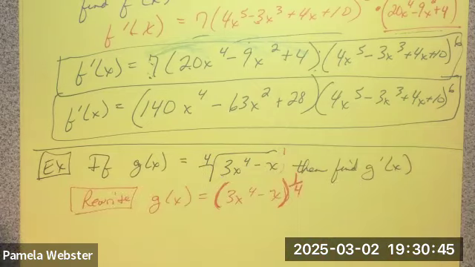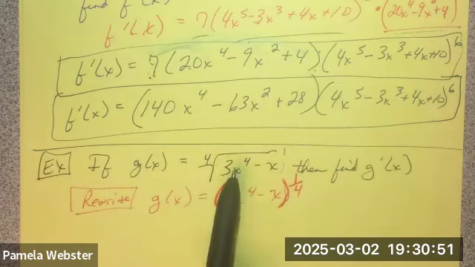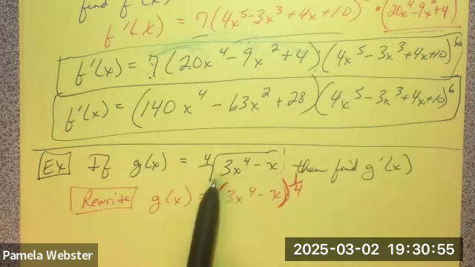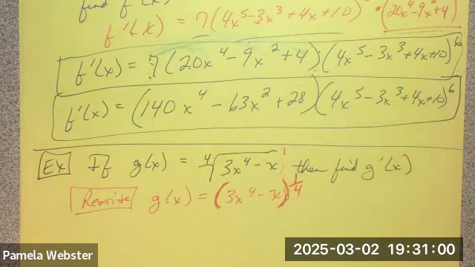Because I promise you, I don't always make promises, but I promise you there will be something with a radical on test 2 on this exam that you need to deal with, making that radical into a fractional exponent. And that's not derivatives. That's just dealing with your exponents.